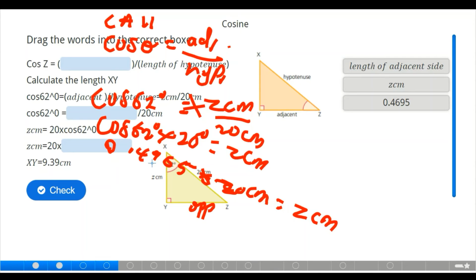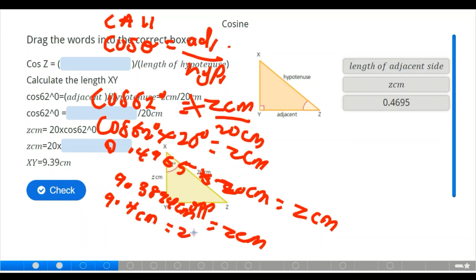That is 0.4695 times 20, and that will give us 9.3894 centimeter equals Z. So that implies that the length Z is, let's approximate to 1 decimal point, 9.4 centimeter. Okay, and that will give us the adjacent of this given triangle.